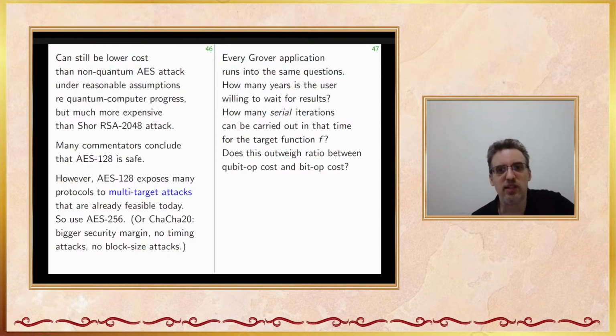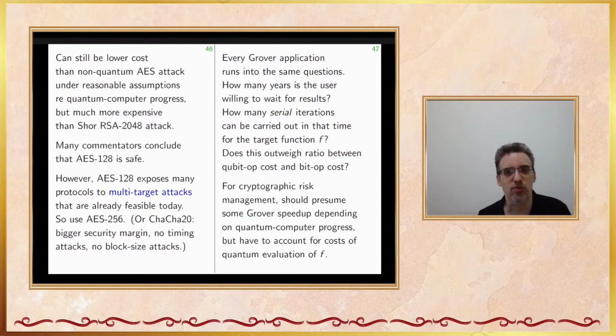How fast can I compute my function f? And then how many iterations of f can I do sequentially in, say, 1 year? And then is that more than the 2 to the 40? Well, it depends on what exactly the 2 to the 40 actually is for the cost ratio for quantum operations. But depending on the answers to these questions, Grover search really might not be useful.